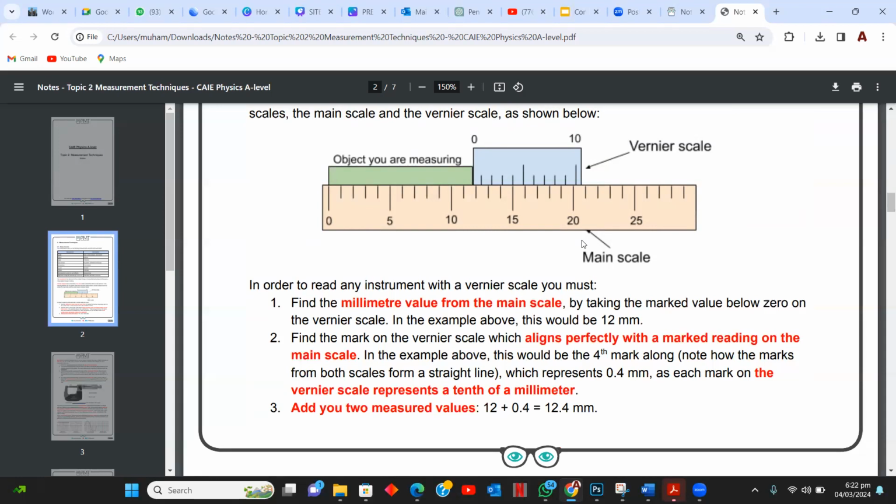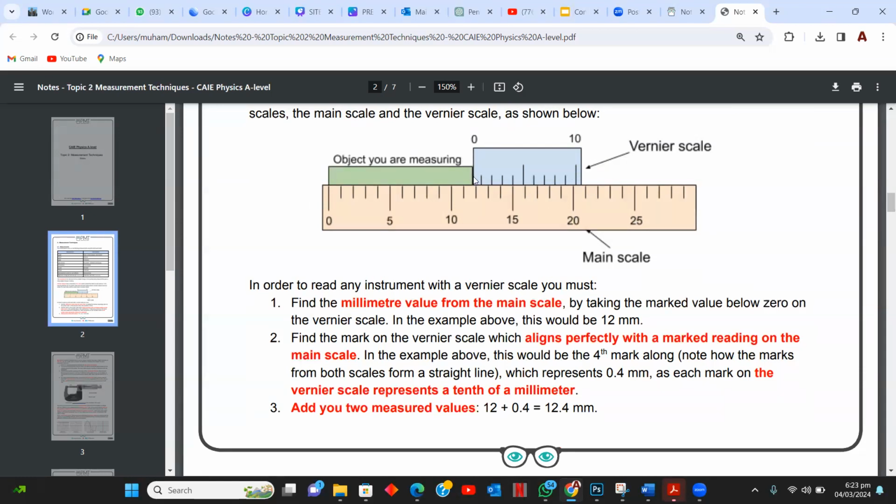Okay, now how to use a vernier caliper? You look at the main scale reading first of all. This yellow one is the main scale and this blue one is the vernier scale. On the main scale, you will first mark the line that appears against the vernier scale, for example the one marked below zero on the vernier scale.